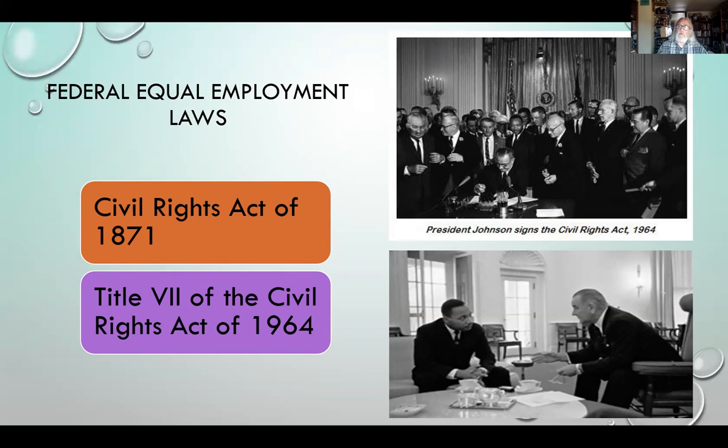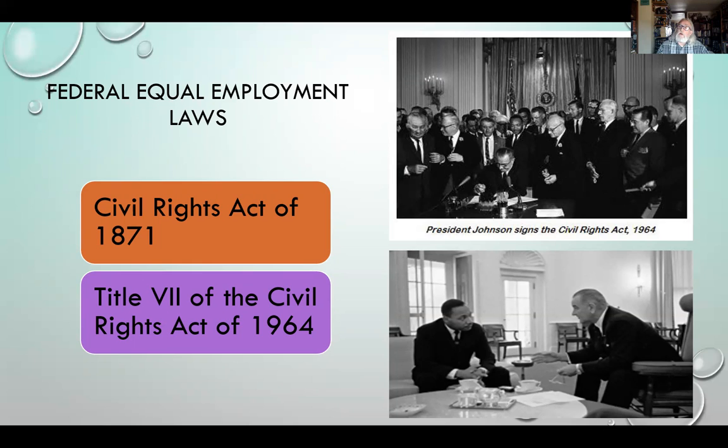So it went further than the 14th Amendment, just mentioning the role of the states, and said the states absolutely cannot make any law specifically that will affect the equal opportunity rights of all people. So the Civil Rights Act of 1871 is certainly significant for that, and it applied to all state and all local governments.